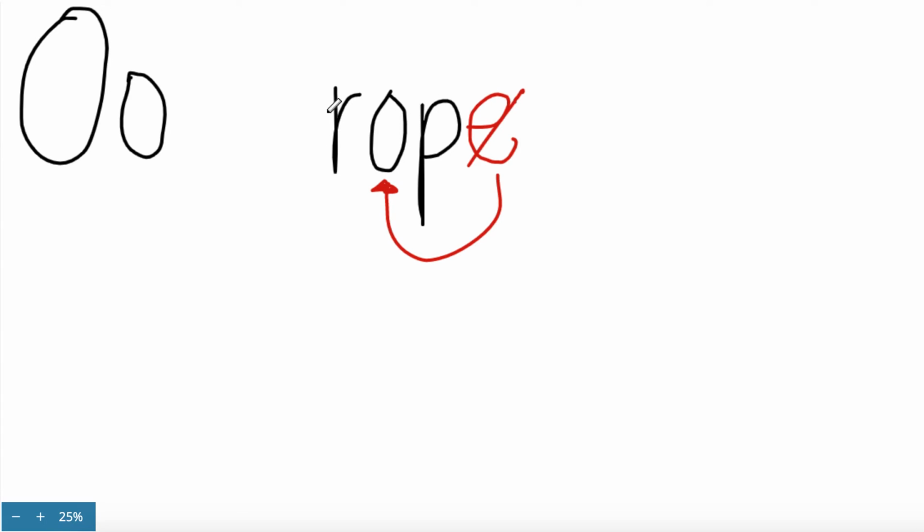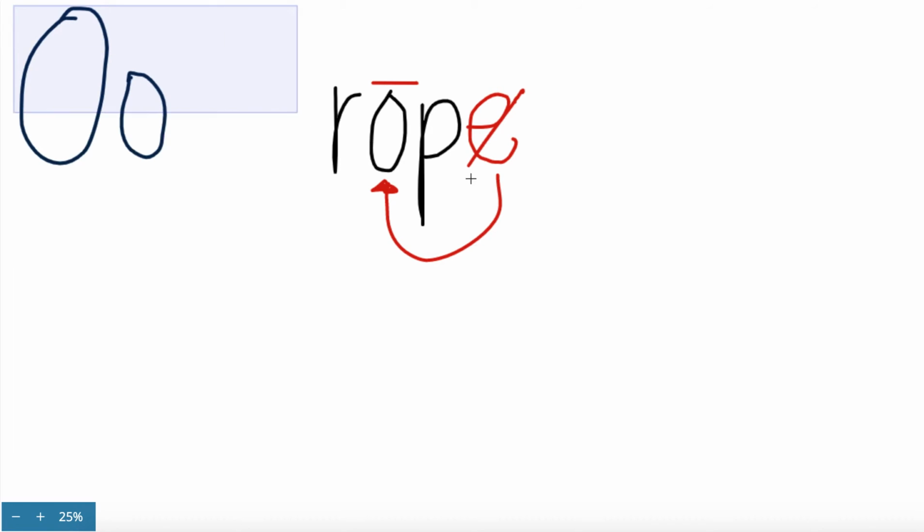It goes from a short sound to a long sound. So now let's read it. The long sound for vowel O is O, just like its name. So O, P. So it's rope. And see, we have again the long vowel sound over here, thanks to our magical silent E.